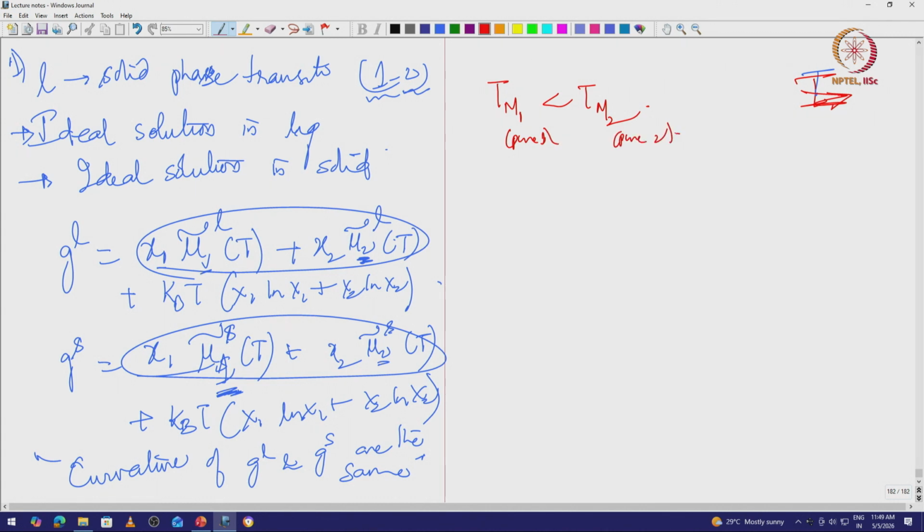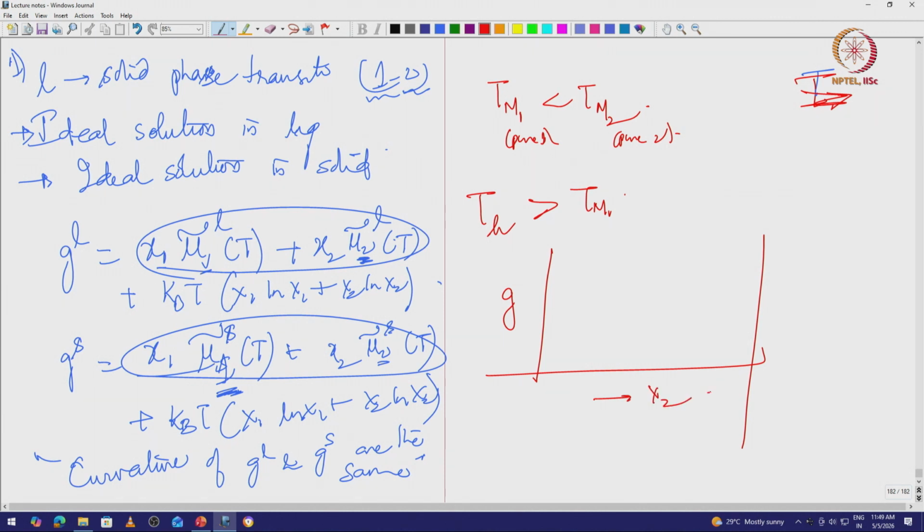Now, I am at a temperature where TH is greater than TM1. So, at TH greater than TM1, if I look at G versus X2, G of liquid, we know that liquid wins, and this is greater than TM2, not TM1.